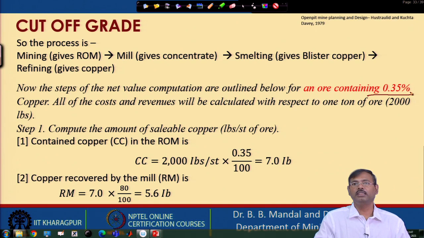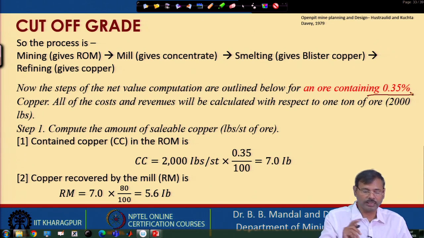So, the analysis is the same. First let us look into the analysis, then we will go into this. The assumptions are all the same. It is based on the short ton, and let us start the calculation, then we will gradually discuss wherever the differences are. So, now we understand that it is 0.35% copper.